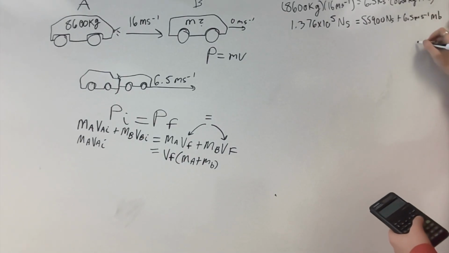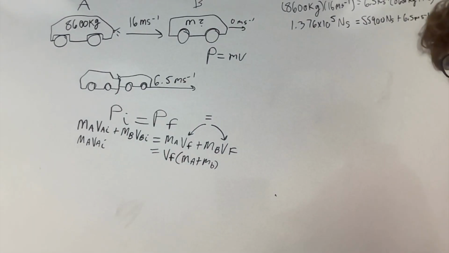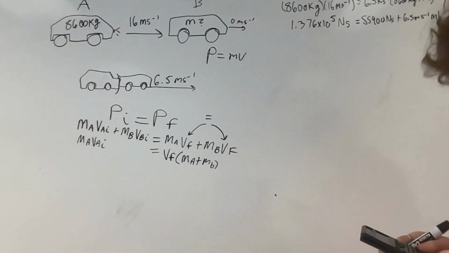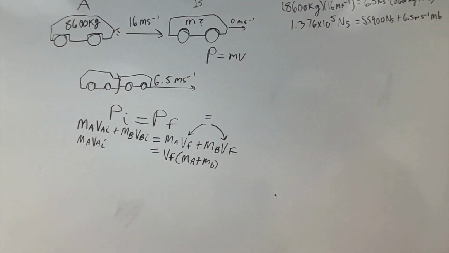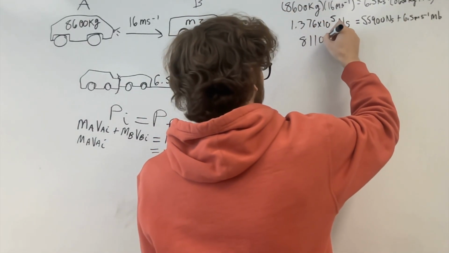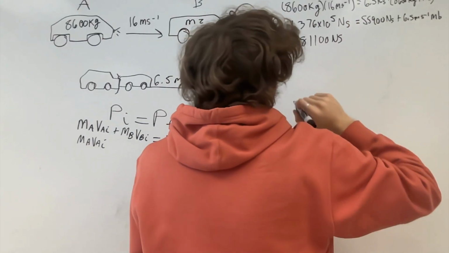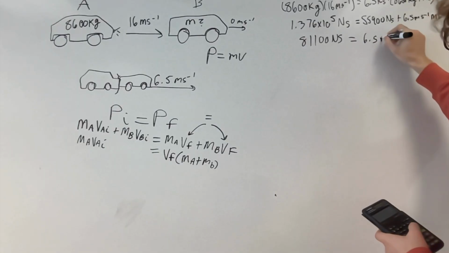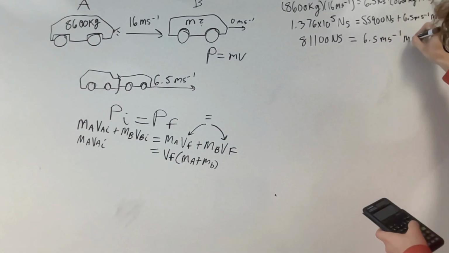And these are multiplied terms. Okay, so hopefully that part makes sense. Now let's subtract this over. So 1.376 times 10 to the 5th Newton seconds minus 55,900 Newton seconds. So when we subtract that over, we get 81,700 Newton seconds equals 6.5 meters a second times the mass of B.